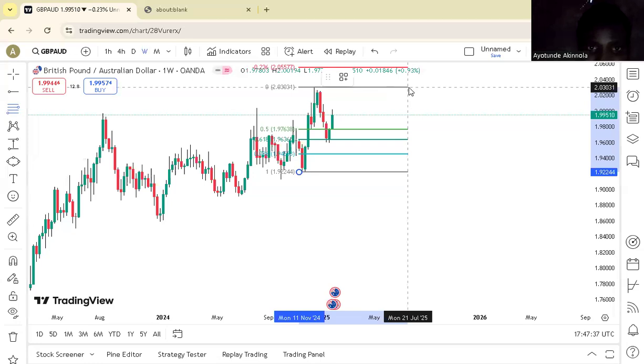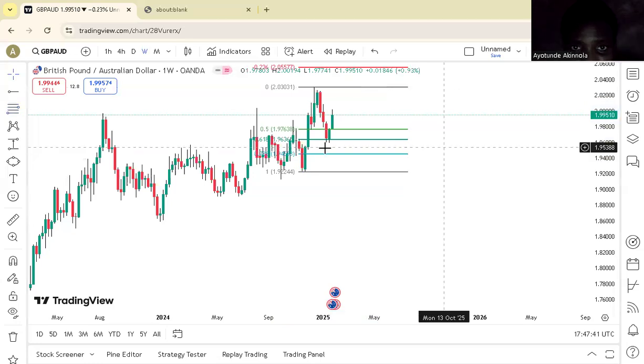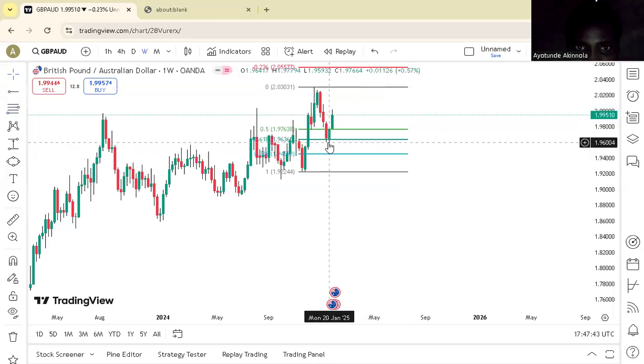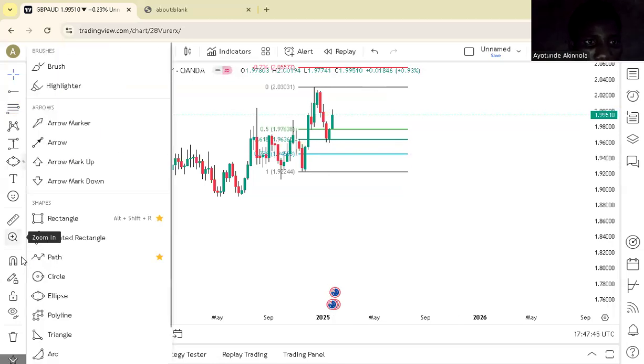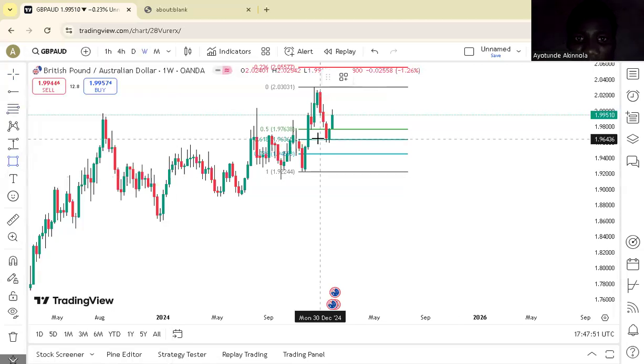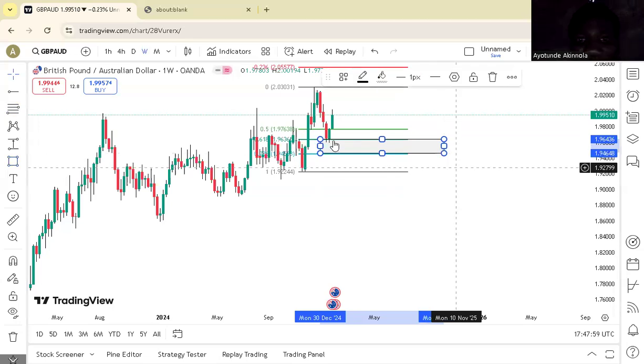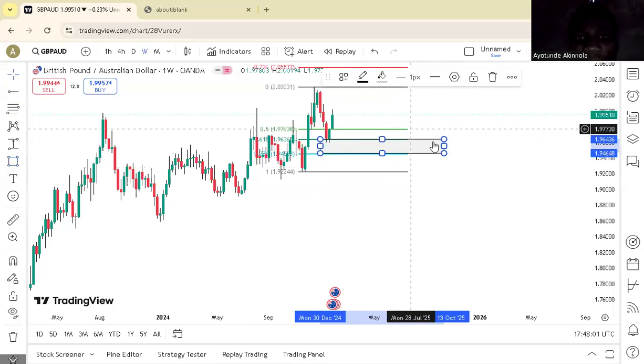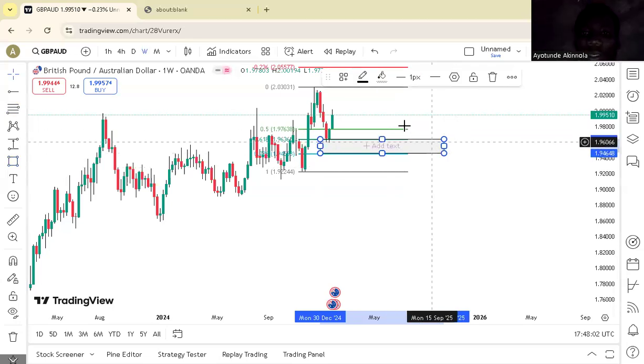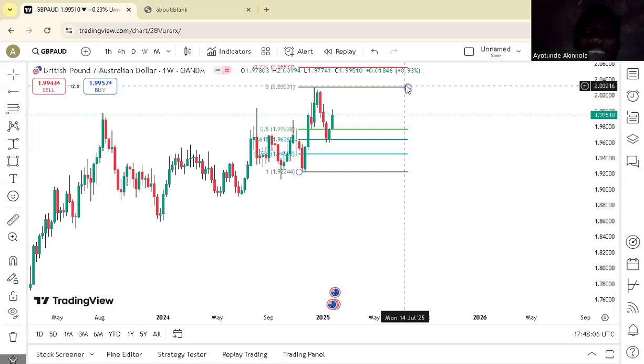So just like I said earlier, price came here to the golden level. Remember, I said I use Fibonacci a lot. So price came here, came to that golden level and formed something we call Harami.